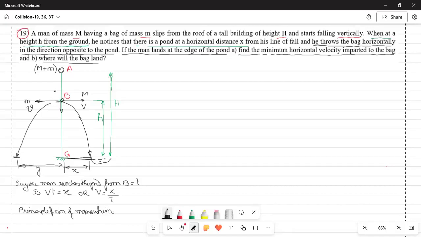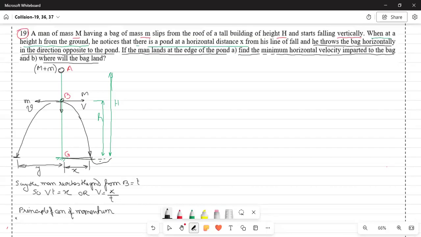Now look, the man and the bag, when they dropped from the top, had no horizontal velocity, so they had no horizontal component of momentum. Now they have horizontal components of velocity in opposite directions, so the momentum in the two opposite directions has to be the same.